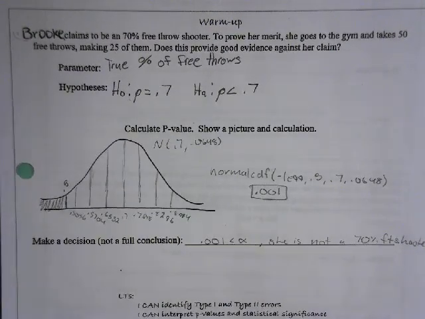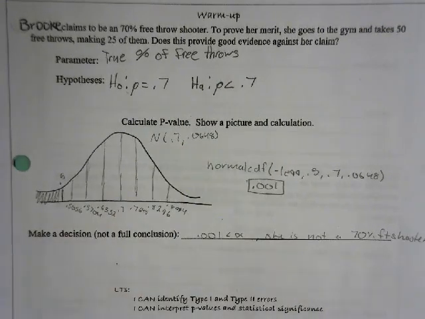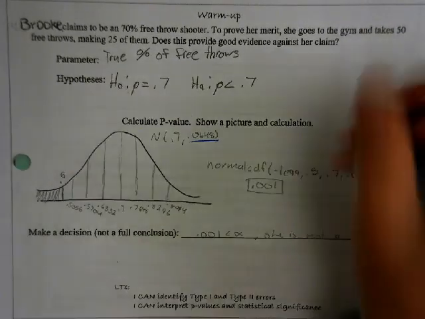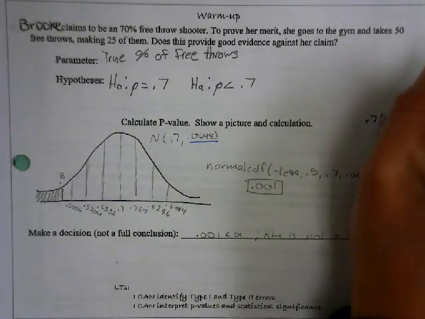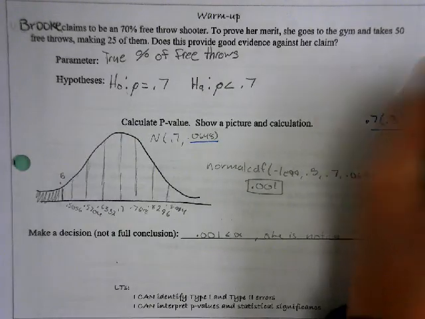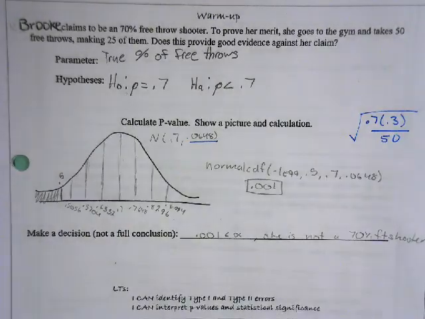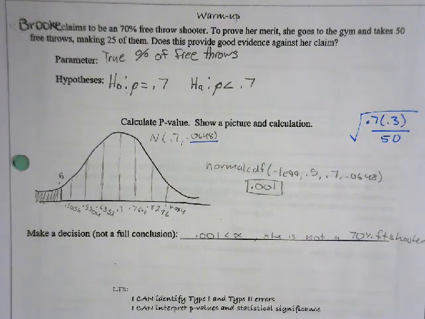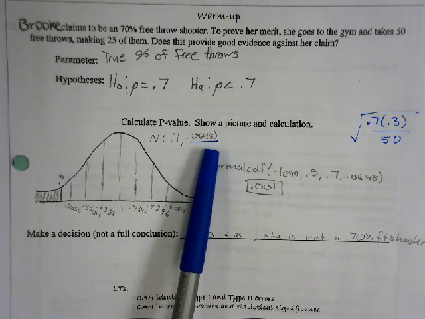So when we draw our normal curve, we put 0.7 at the center. And Lindsay found this standard deviation by taking 0.7 times 0.3 divided by 50 and then square rooting it. That gave us our standard deviation of 0.0648.